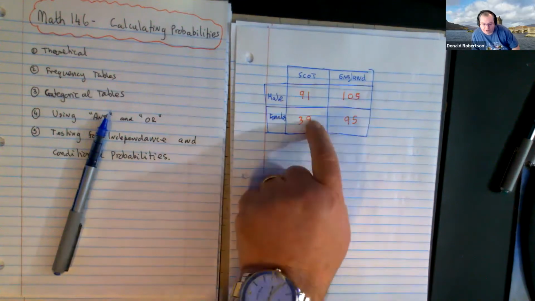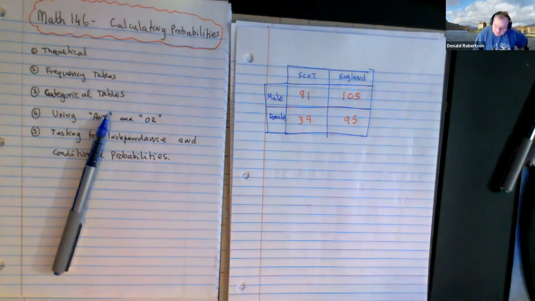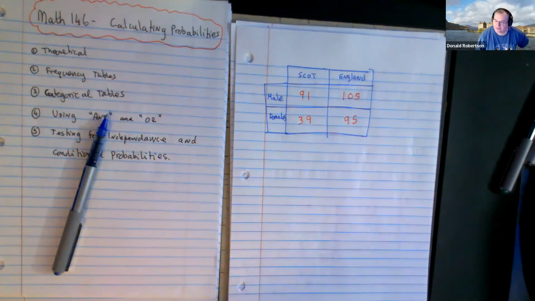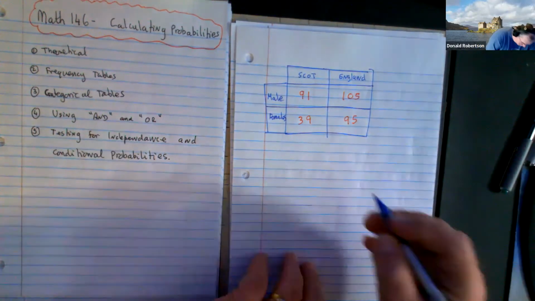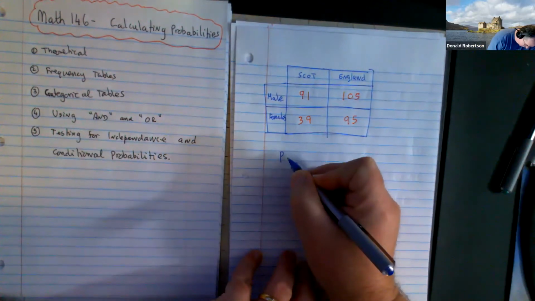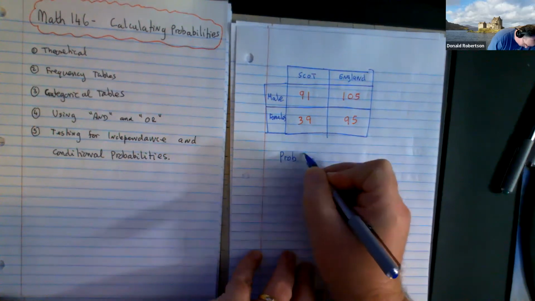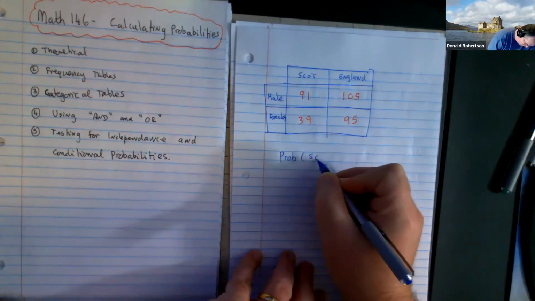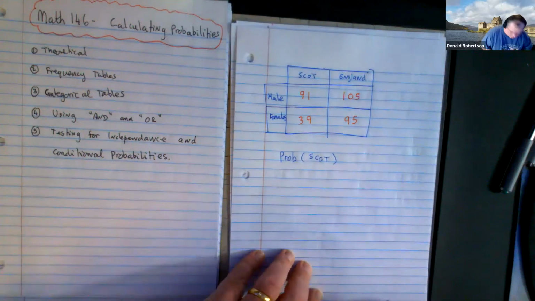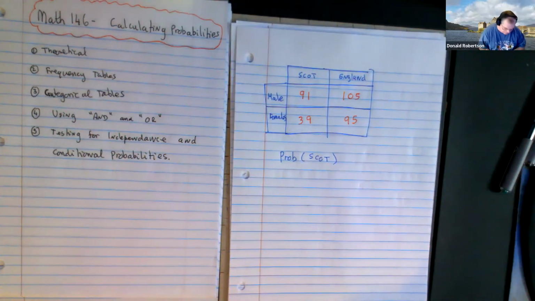And the numbers inside in this are those who said they liked sci-fi movies. So you can be asked questions like this. What's the probability that you choose a person from this study and they're Scottish?